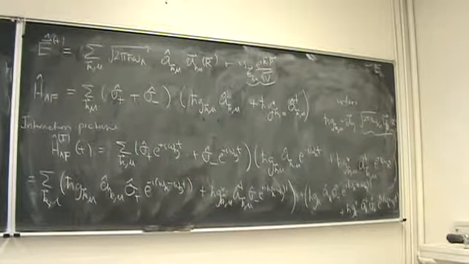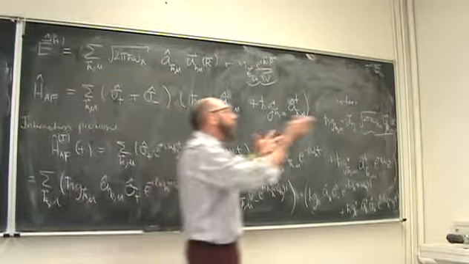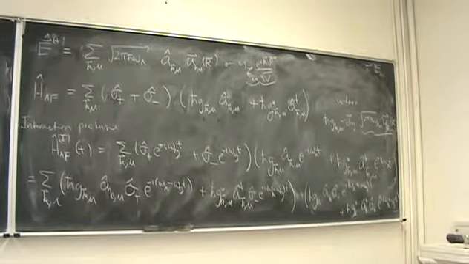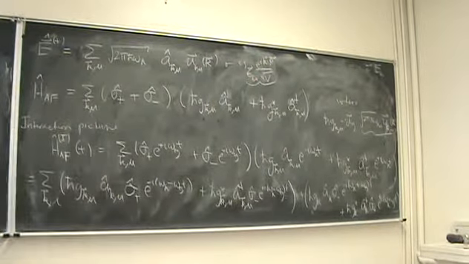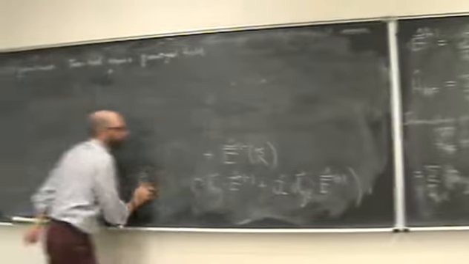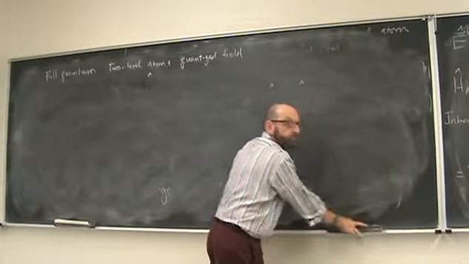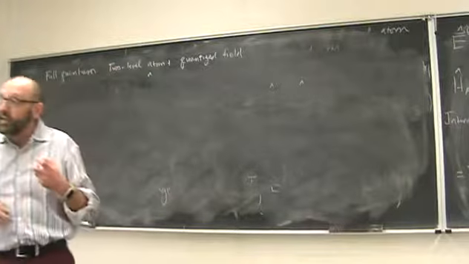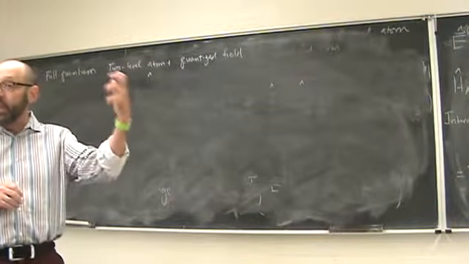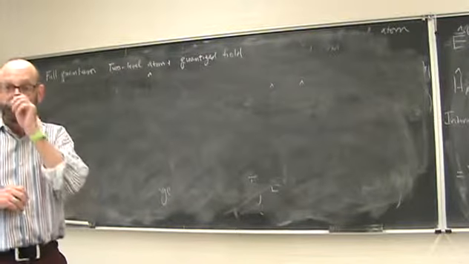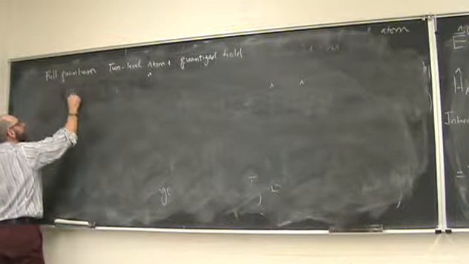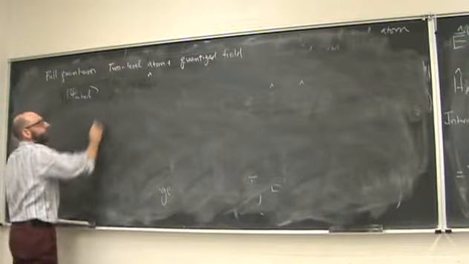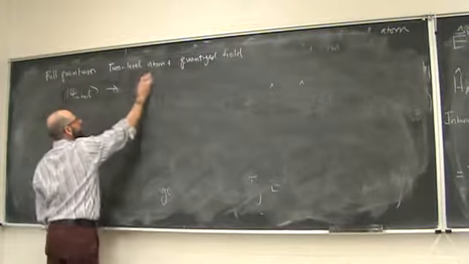Now, again, I want to ask the following question. I start with some initial quantum state of the system, a joint state of the atom and the field, and it goes to some final state.